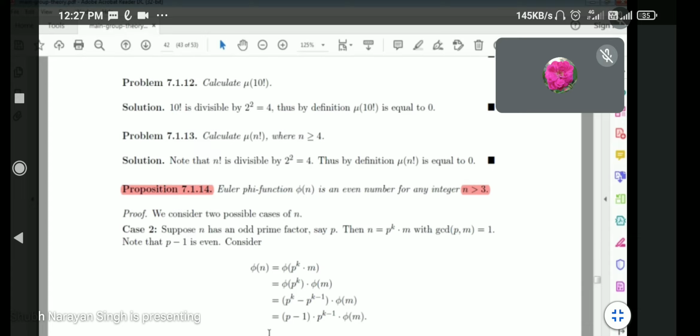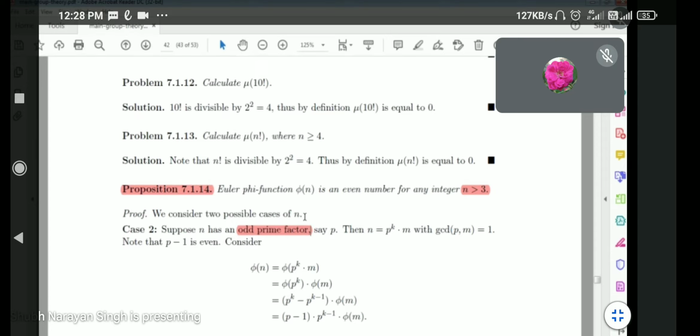So we'll do this mathematical verification case-wise. In the first case, I assume that because n is a positive integer, n can have an odd prime factor, like 10. Think about 10. 10 has an odd prime factor 5, because 5 is a factor of 10 and is odd.